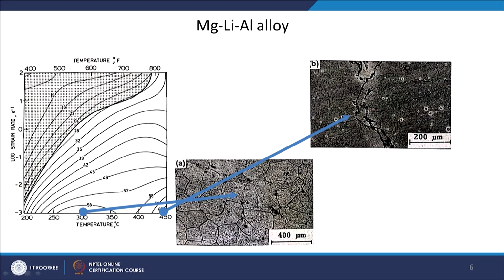So, though it shows high efficiency, we should be concerned about this, that it shows high efficiency, but there are defects in the material. The efficiency is around 60% here, whereas it is 58% here at lower temperature.